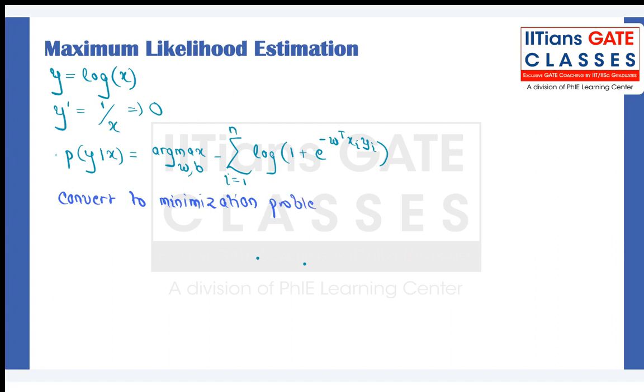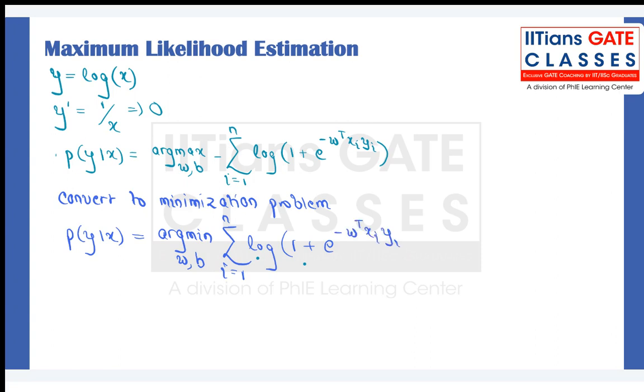So P of y given x is nothing but now your max becomes a min problem, sum over i equal to 1 to n of log of 1 plus e to the power minus w transpose xi yi. Okay, fine.